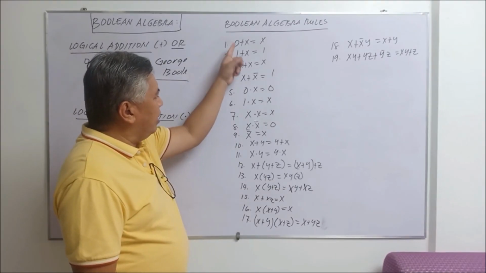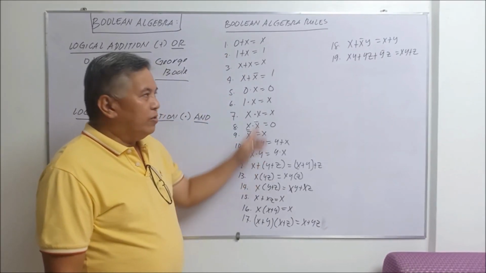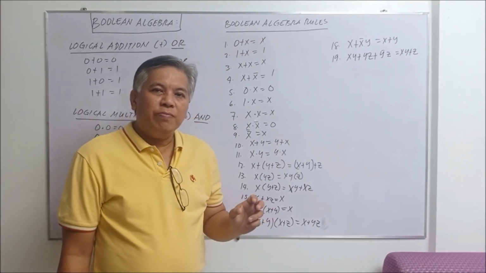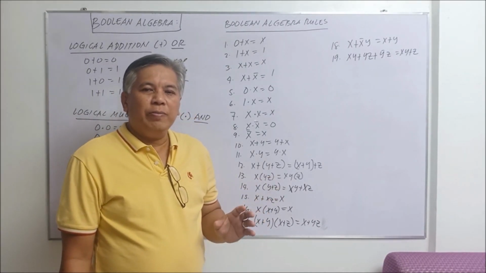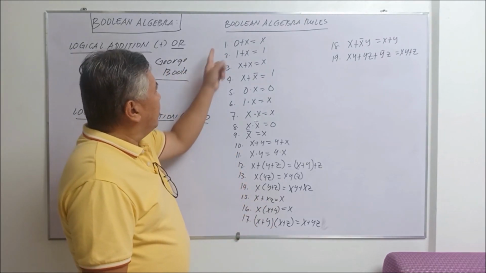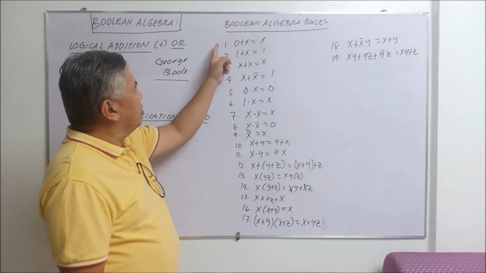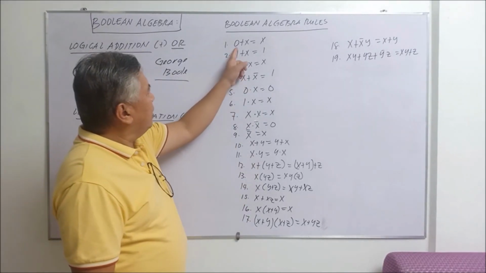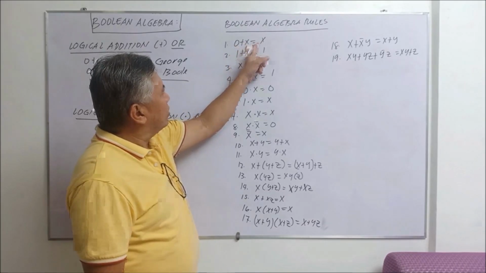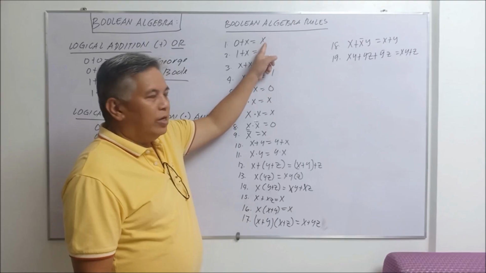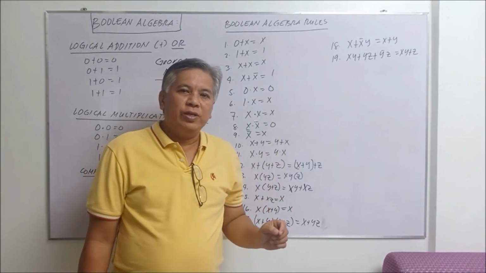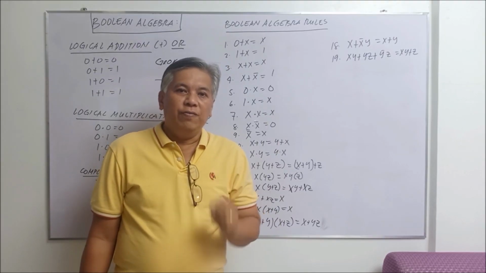Now, I'm using here x, y, and z. These variables can also be changed into a, b, or c, or any variables from a to z. What does Boolean algebra rule 1 say? It says 0 plus x is equal to x. In other words, any variable or variables added to 0 is equal to that variable or variables.